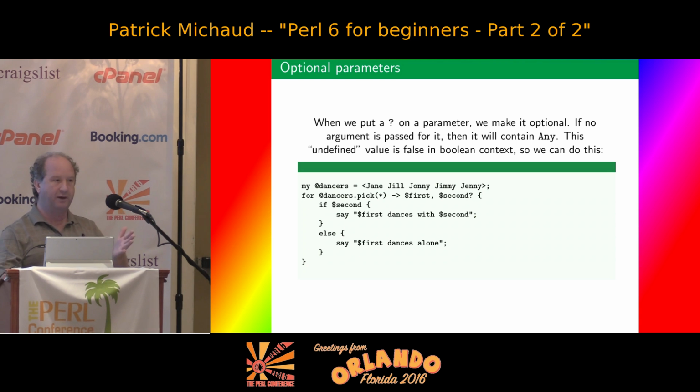If the list has run out by that point, it would get the value Nil. Actually, it would turn into Any. So here we can say if second, if we got an actual value for second, then first dances with second. Otherwise, first dances by him or herself.